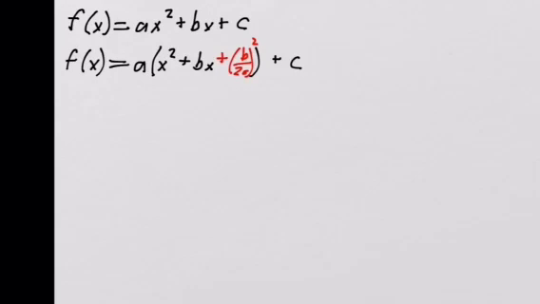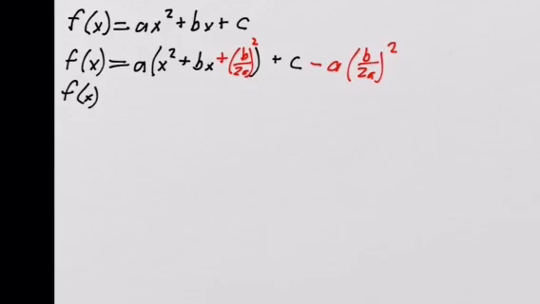And now, on the outside, we have to subtract a times b over 2a squared. And I am going to leave that alone on the outside for now.